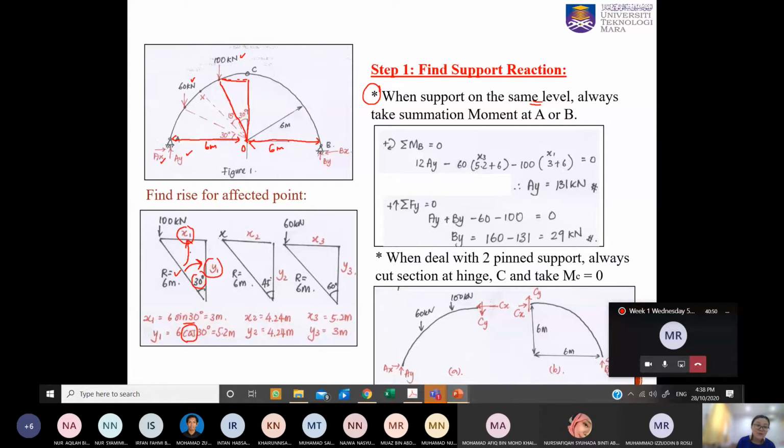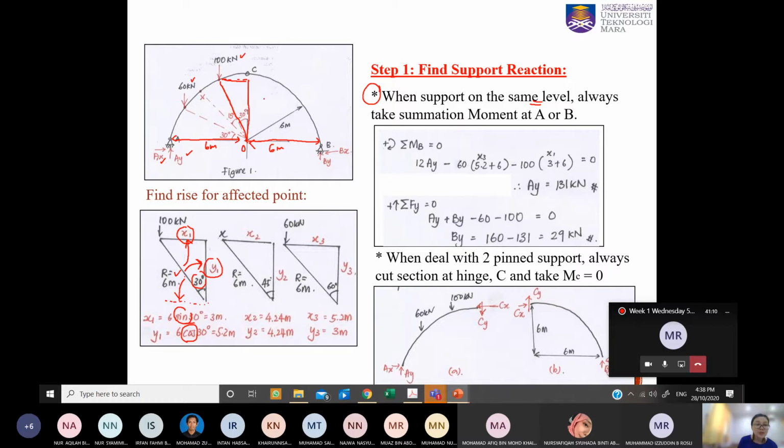But when you resolve the x1, which is right now here, this 6 meter you want to resolve away from this 30, so you use sine 30. A similar process is also used to determine x2, y2, x3, y3.